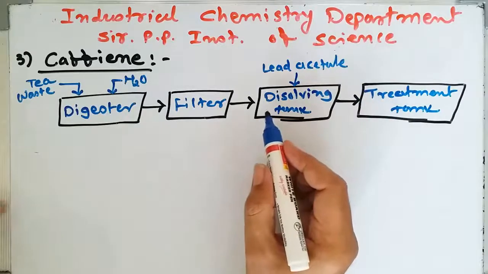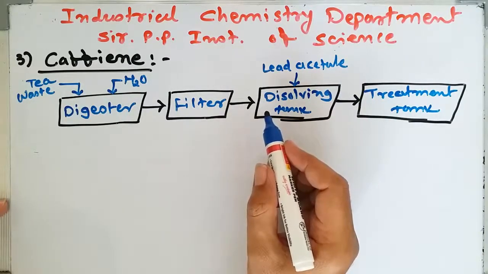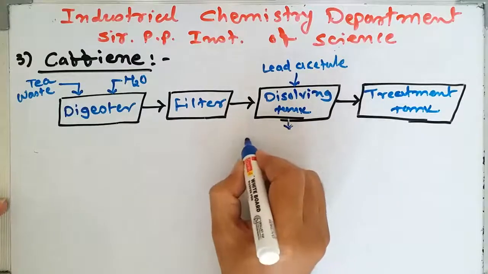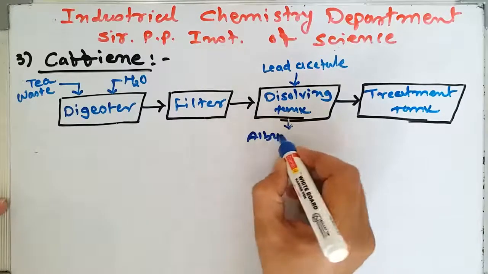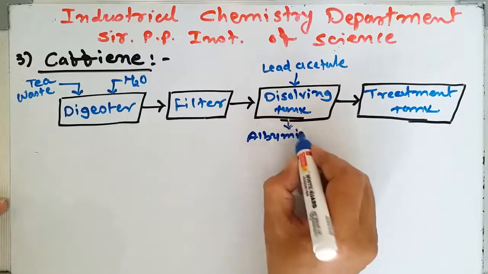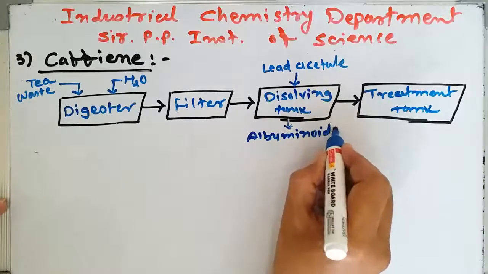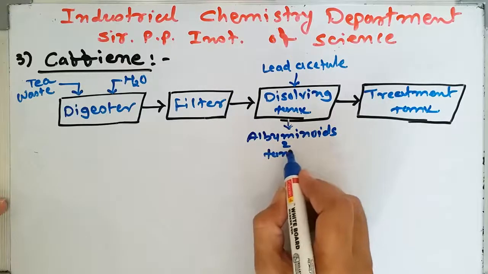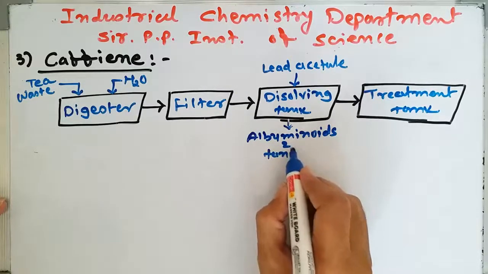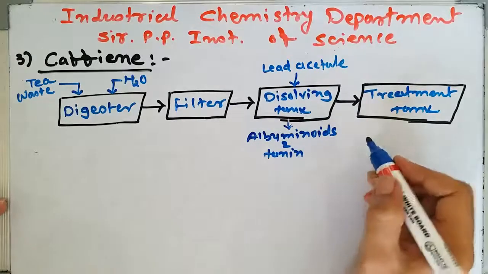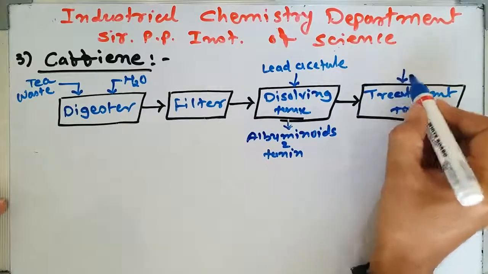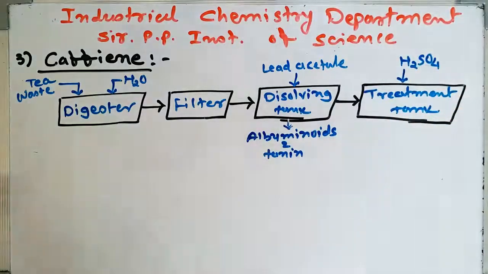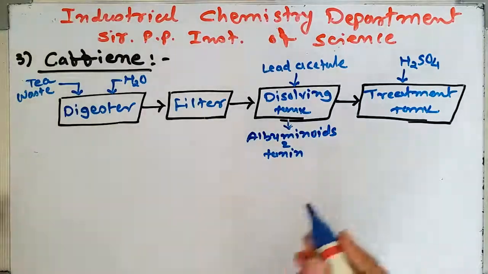So albuminoid and tannin are removed. H2SO4 is added.